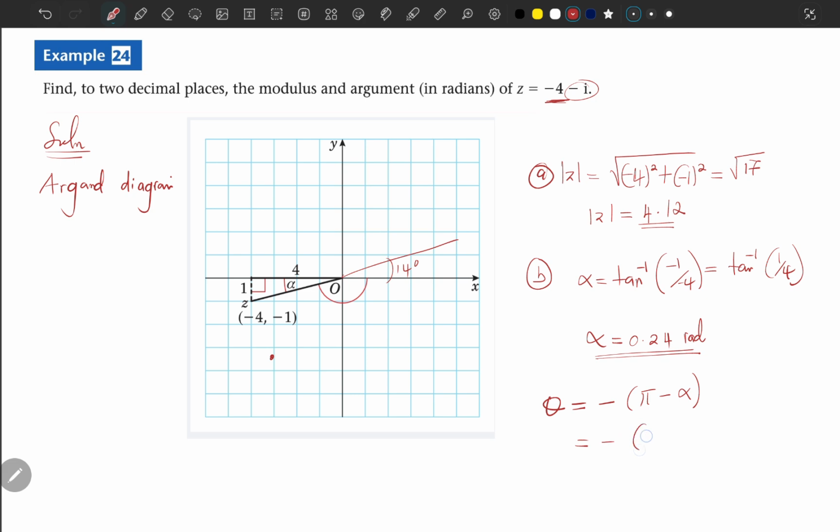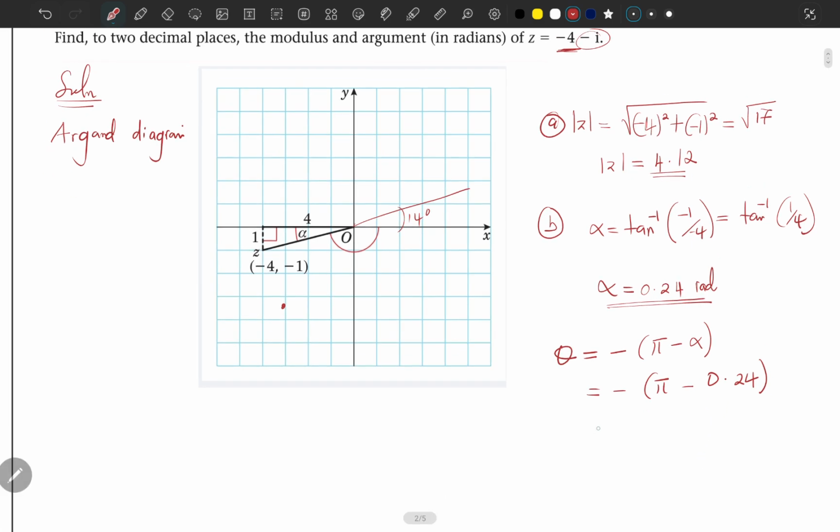So negative, open brackets, pi minus 0.24. Now understand that pi is like 3.1 something. Pi, you know it on the calculator, it's there, just punch it. So I'm getting 2.90, negative in fact, radians.